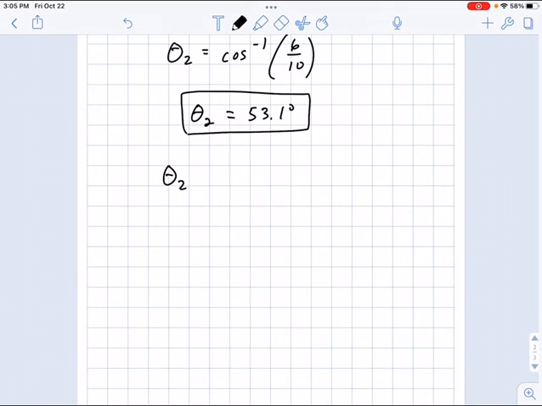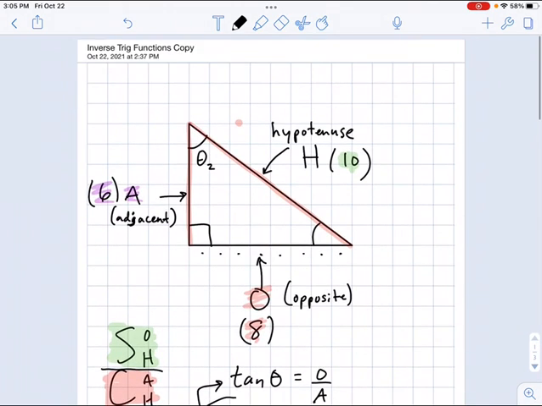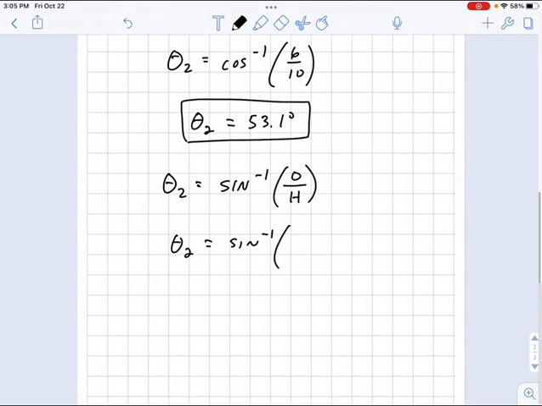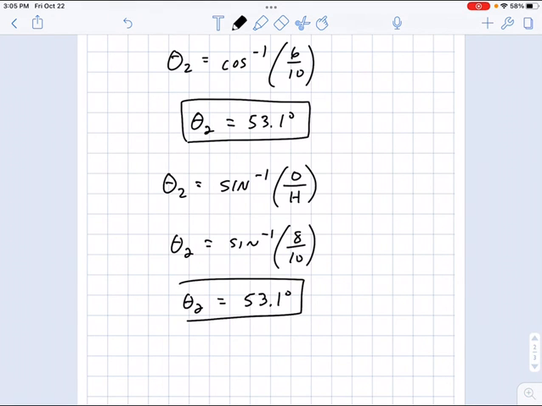So we could have said theta 2 is equal to inverse sine, SOHCAHTOA, right? There we go. Let's substitute in inverse sine of the opposite side, 8, divided by the hypotenuse 10. 8 divided by 10. And then we should get 53.1 degrees yet again.